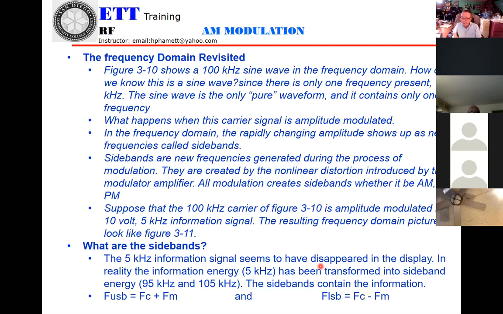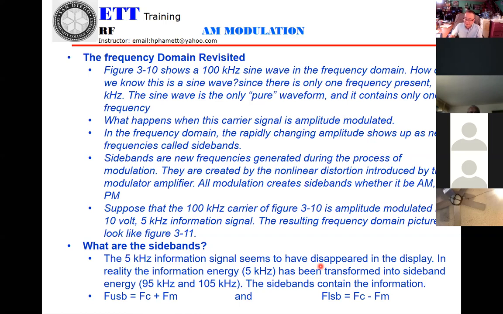The 5 kHz information signal seems to have disappeared in the display. In reality, the information energy at 5K has been transformed into sideband energy at 95K and 105K. The sidebands contain the information.